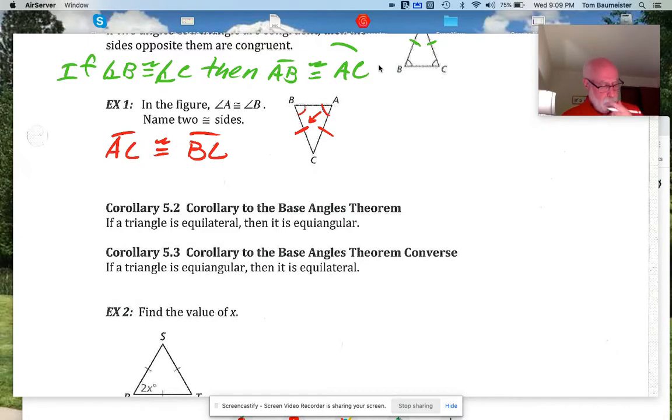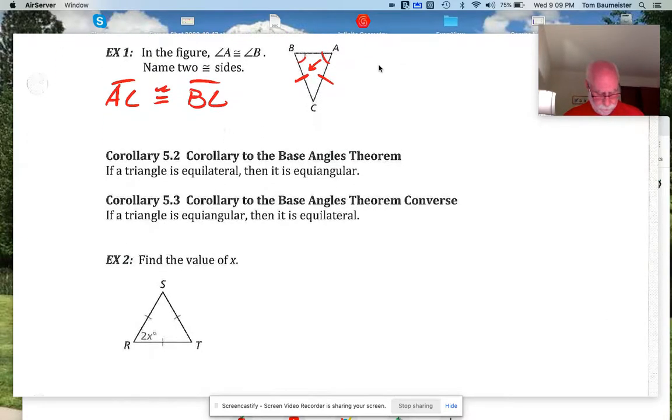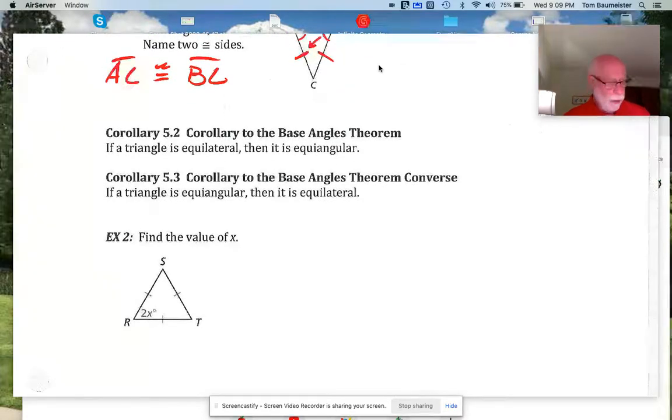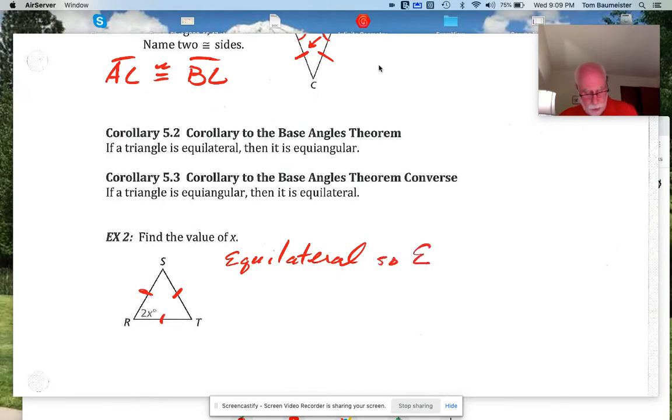So on this one here, it says find the value of x. So if we look here, we see that they gave us all three sides. So we know that it is equilateral. And if we know it's equilateral, we know it is equiangular.